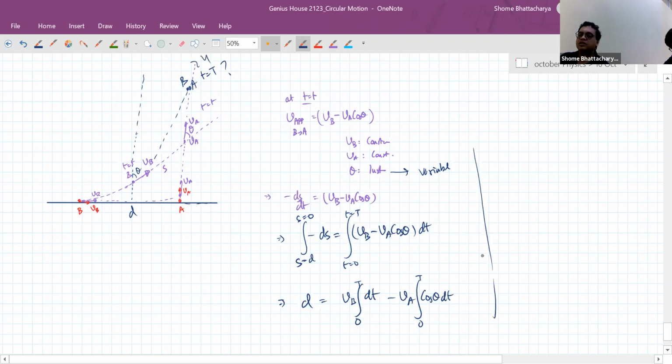Okay, so alternatively, VB cos theta is basically the y component of velocity for B. So it is dy by dt for the particle B, isn't it? So what should be the integration of VB cos theta with respect to time?